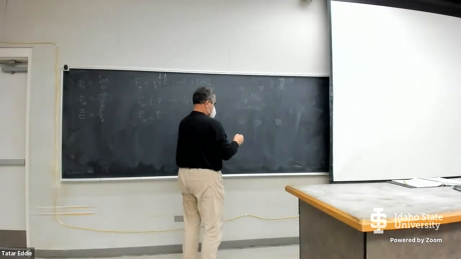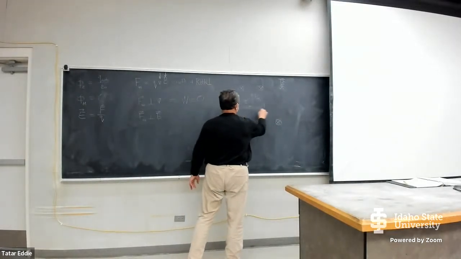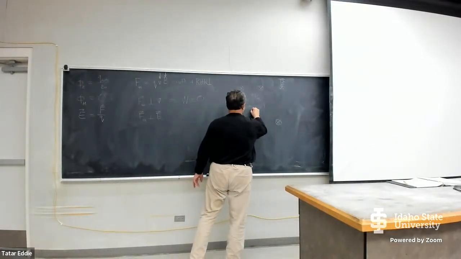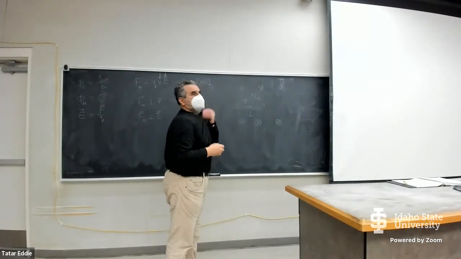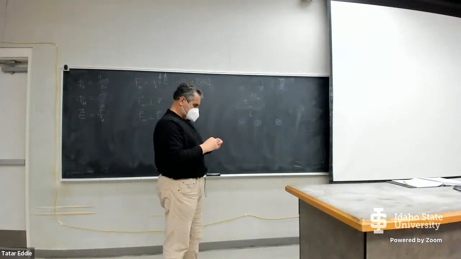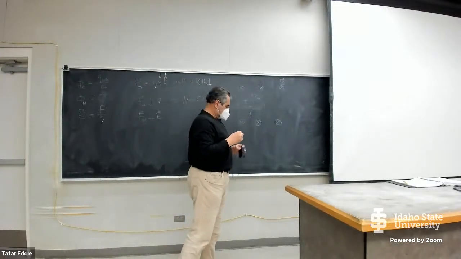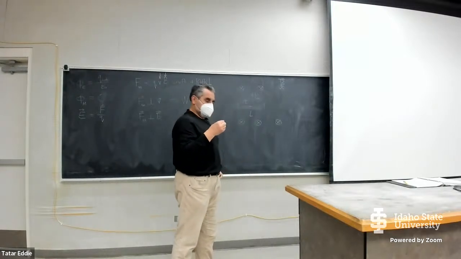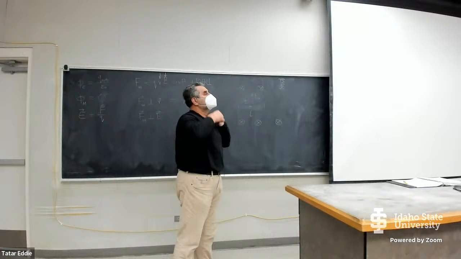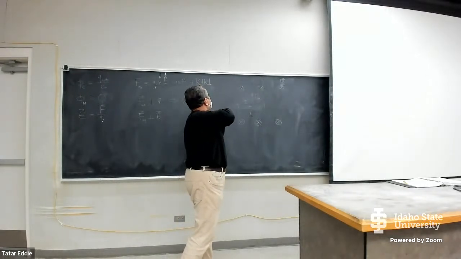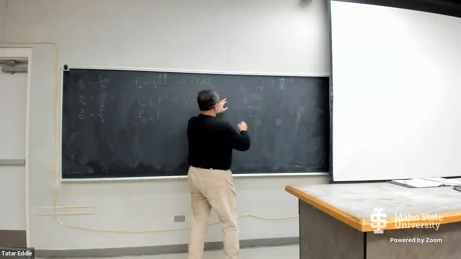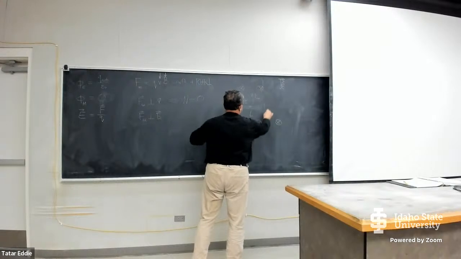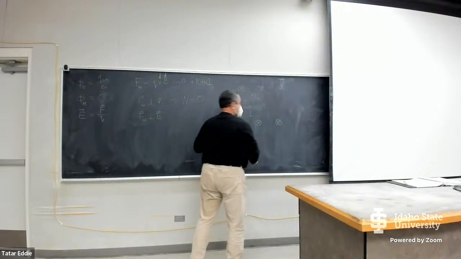So if this piece of wire with current has a length L, of course, this means that in order to make the current flow, you have to connect it to some battery like this.